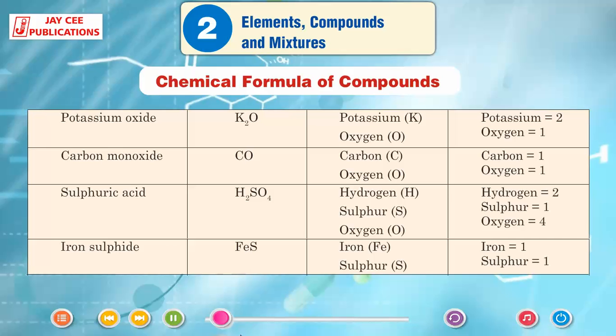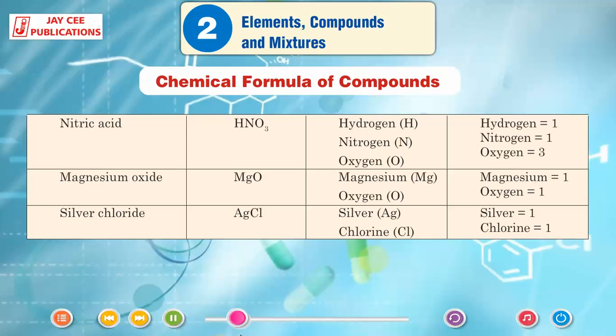Sulfuric acid, H2SO4, hydrogen H, sulfur S, oxygen O, hydrogen 2, sulfur 1, oxygen 4. Iron sulfide, FeS, iron Fe, sulfur S, iron 1, sulfur 1. Nitric acid, HNO3, hydrogen H, nitrogen N, oxygen O, hydrogen 1, nitrogen 1, oxygen 3.